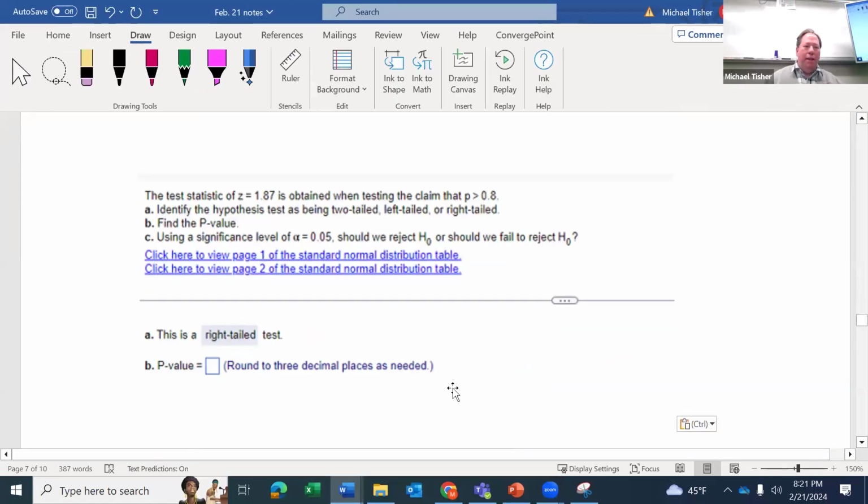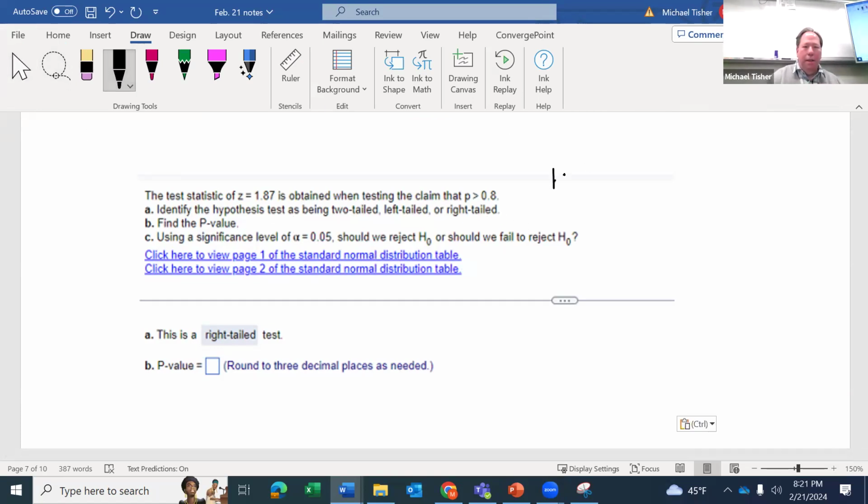You get a test statistic of z equals 1.87, and the claim is p greater than 0.8. So identify the hypothesis as being two-tailed, left tail, or right tail. Now it's based on the HA, right? So what's the HA in this case?